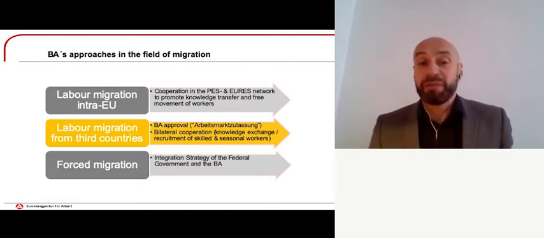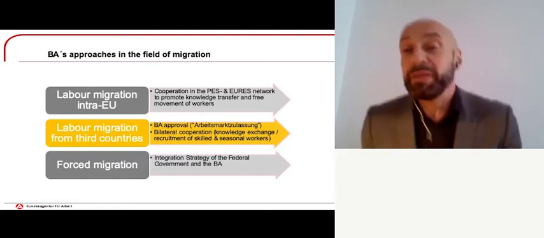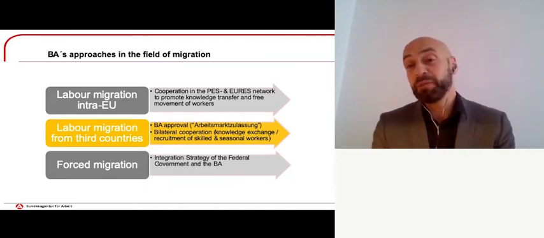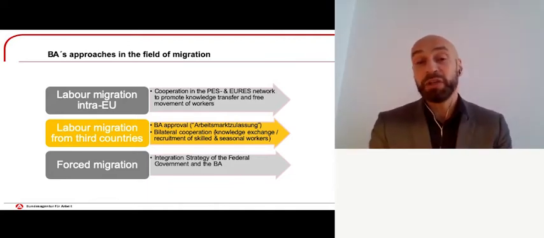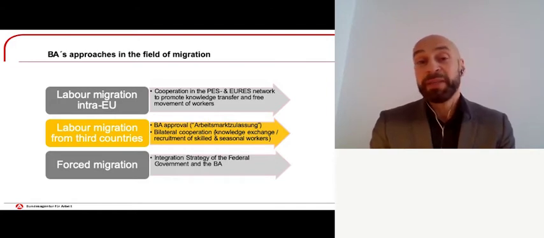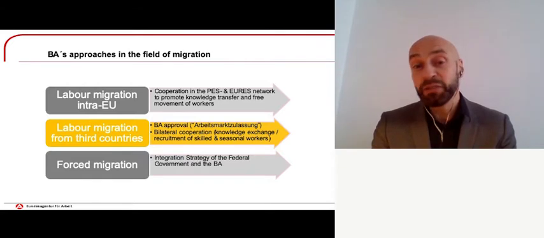Apart from that, we also have close cooperation with selected public employment services outside the European Union, on the basis of bilateral cooperation, in the field of recruitment of skilled and seasonal workers.